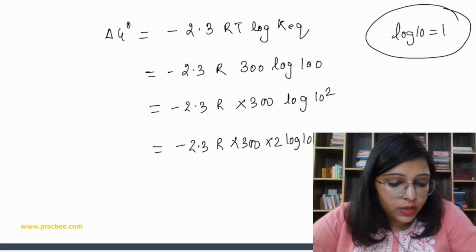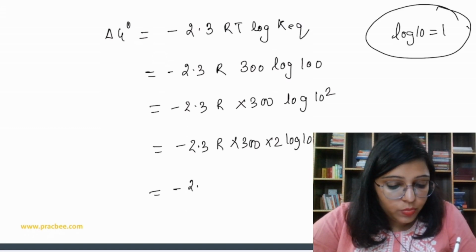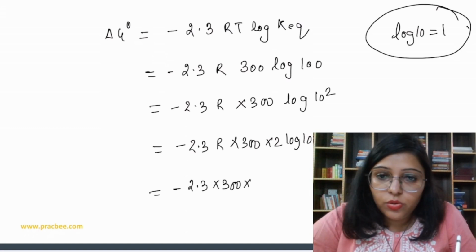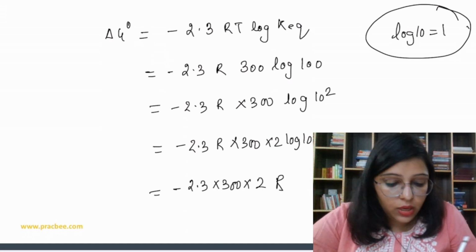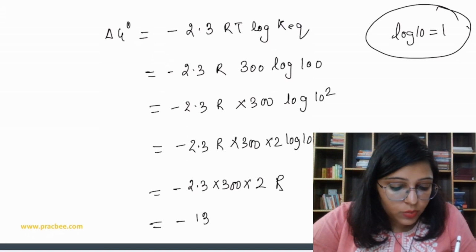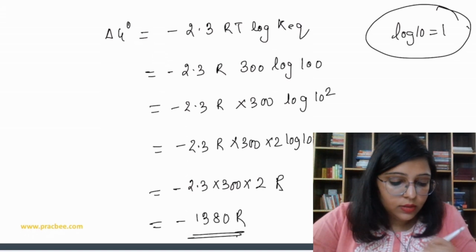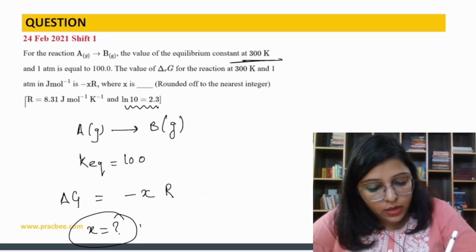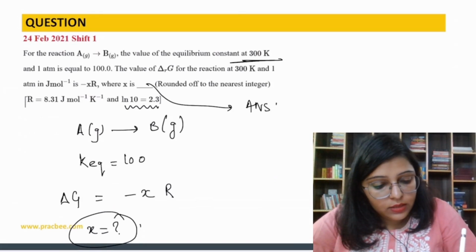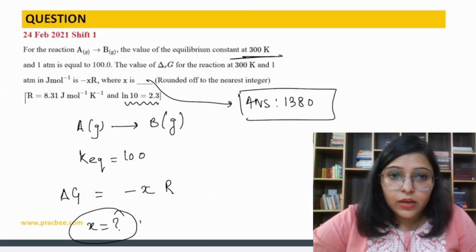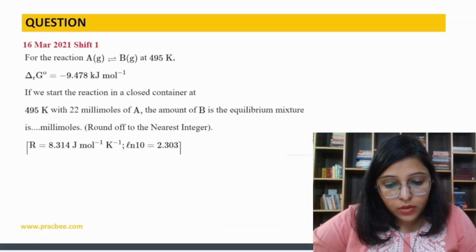So we have 2.3 into 300 into 2 R. On solving we get minus 1380 R. So here the answer is 1380. Now let's do the next question.